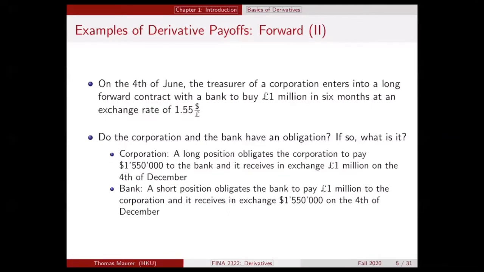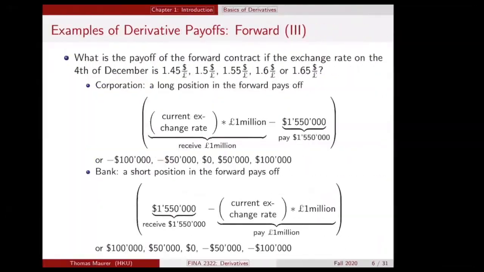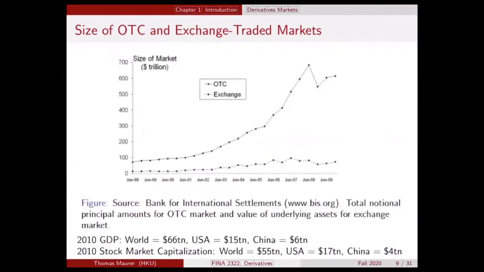Now, remember, this forward price was actually set so that the present value for both the long and the short position is 0. So the notional amount of $1.55 million is much higher than the actual present value of this forward contract. Okay, and what we plot over here, these are the notional values.